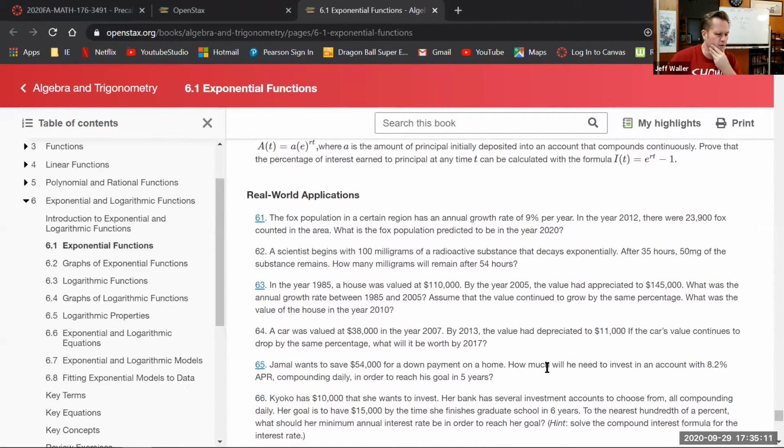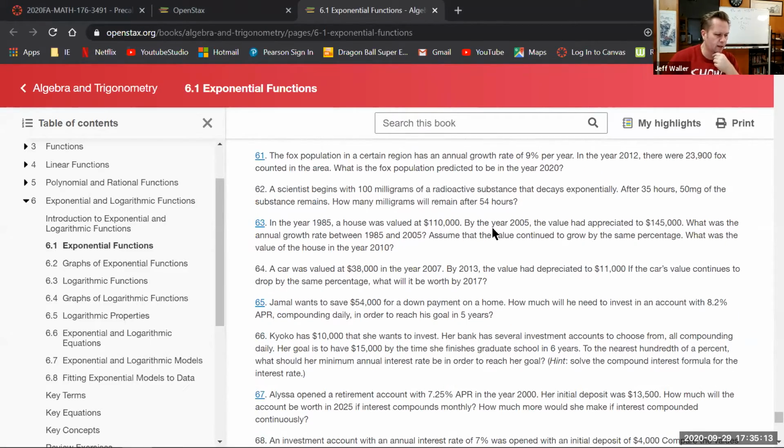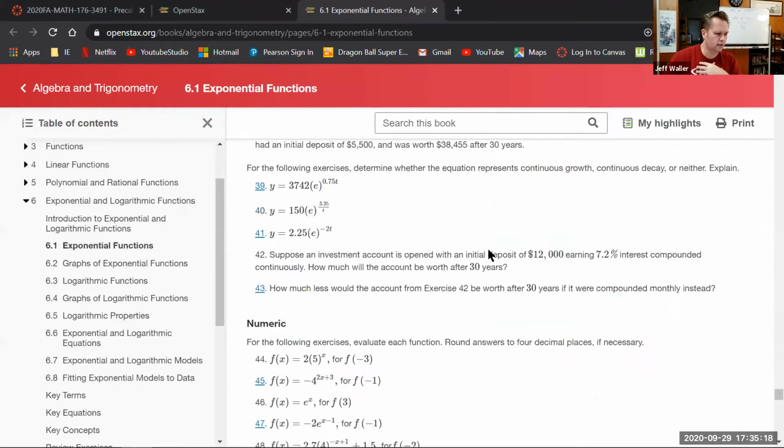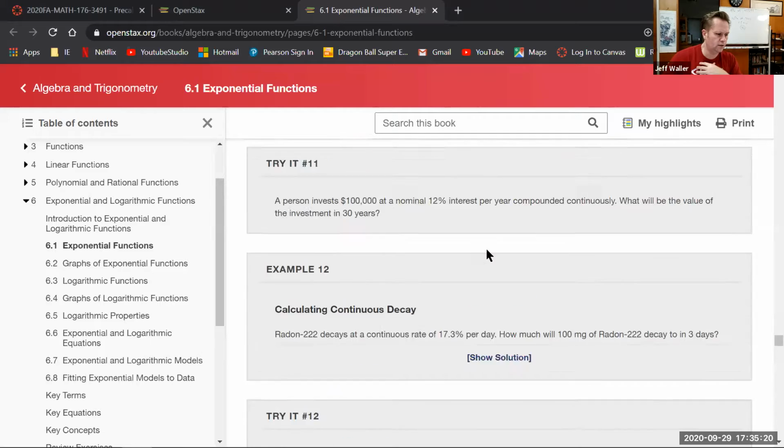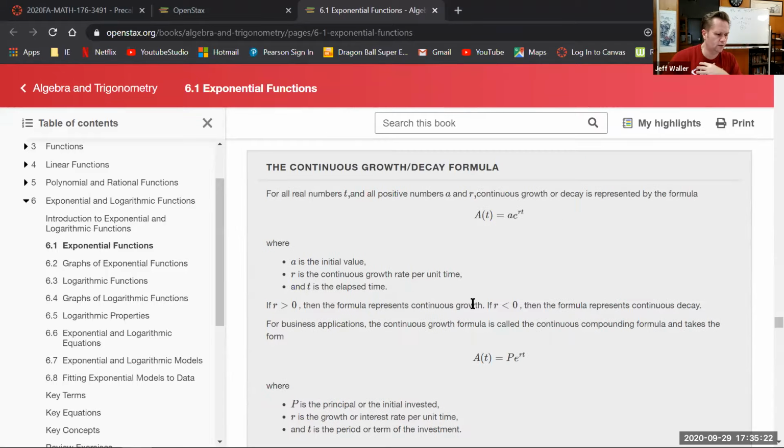Because these problems are all about that kind of thing. Then in this equation, where'd it go? There it is. R is the growth rate per whatever time. So now I want the growth rate per year.